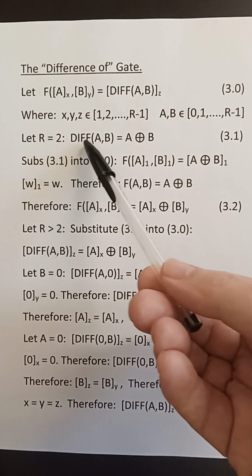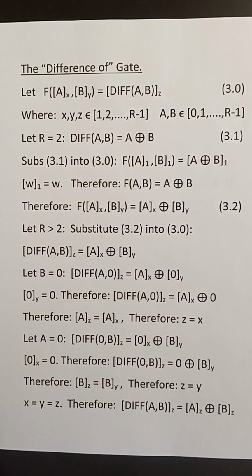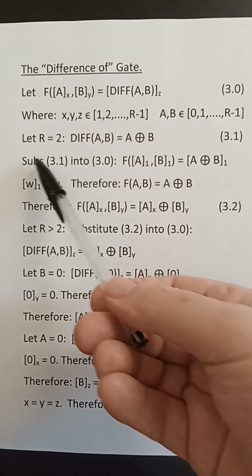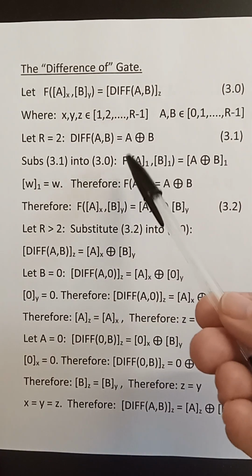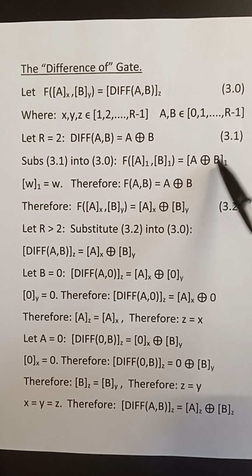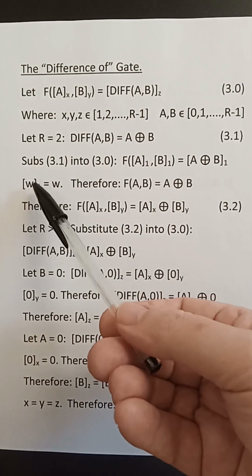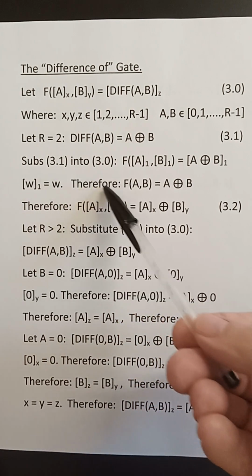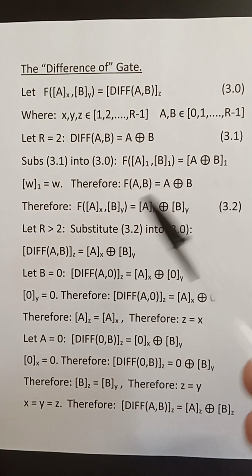In this case, the difference gate(a,b) equals a exclusive or b. So we substitute 3.1 into 3.0 there, and we get f(a^1, b^1) equals (a exclusive or b)^1. Now we're dealing with binary, so W1 equals W, therefore f(a,b) equals a exclusive or b.